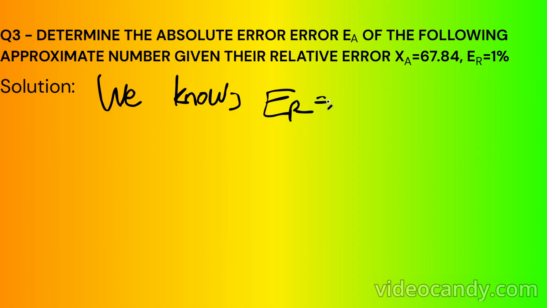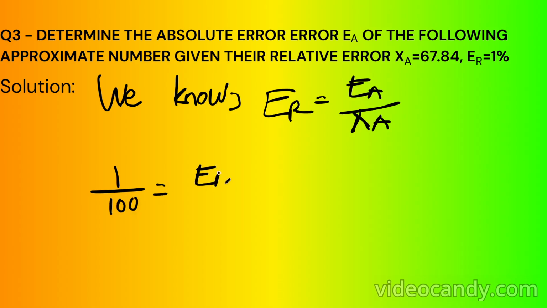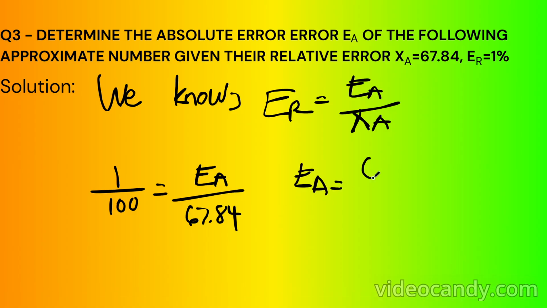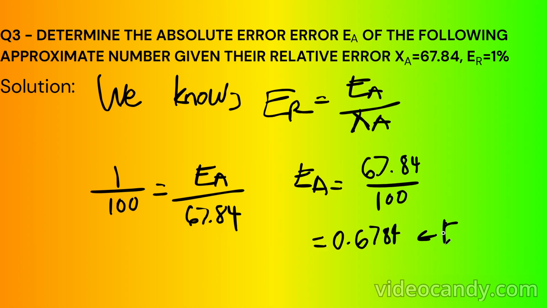We know ER equal to EA divided by XA, so 1 per 100 times 67.84, so EA equal to 67.84 divided by hundred, so equal to 0.6784.